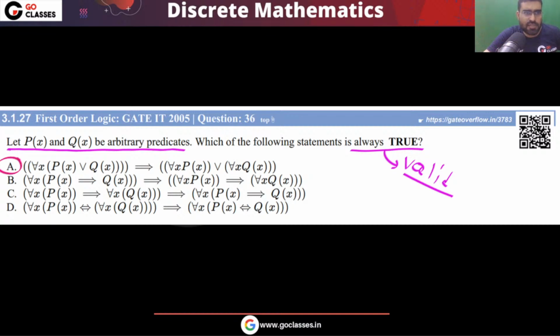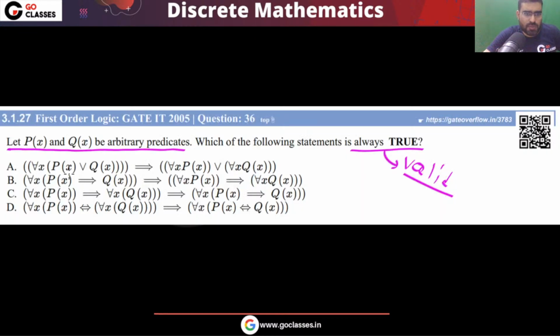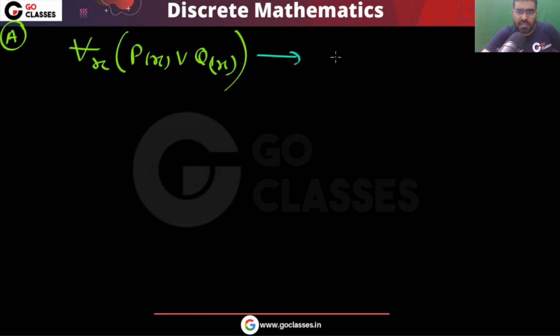Let's see the first statement. Let me take the example of statement A. Statement A is this: for all x, P(x) or Q(x) implies for all x P(x) or for all x Q(x).